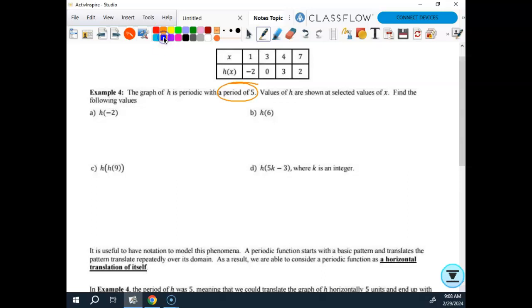I can make this h of... you're on the right track. Not -3, but if I use 3 plus -5 or just -5, which is fine either way. And then this is the period, and I only needed one of them, right? So that means this is the same as h of 3, which is 0.